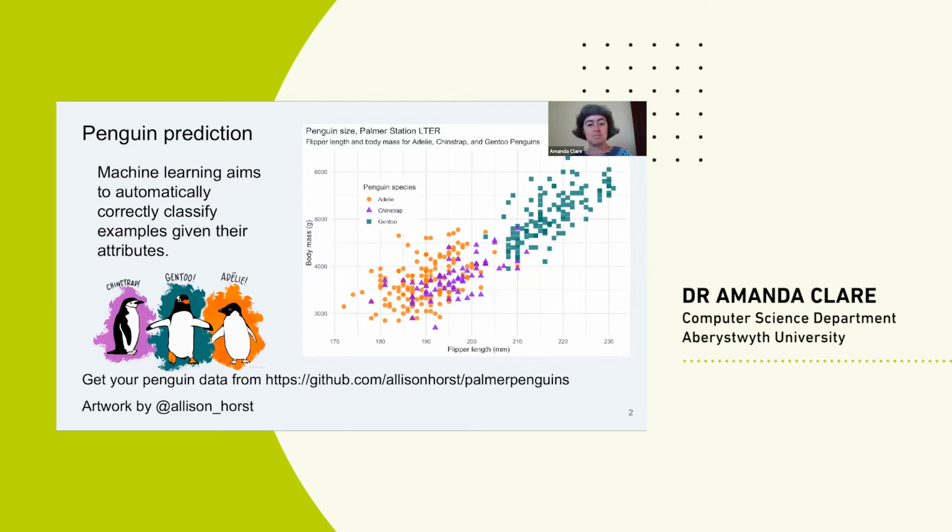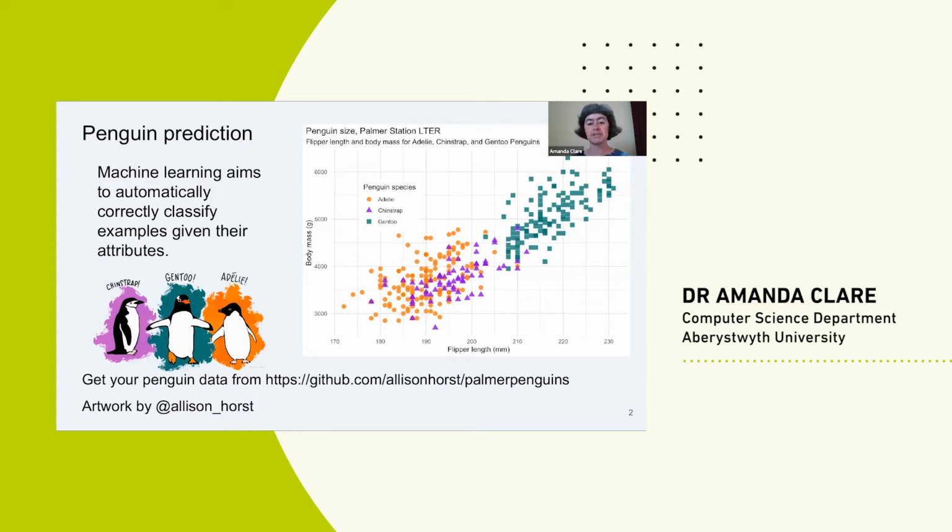In this particular data set, the attributes are things like flipper length and body mass, which are shown on this plot here, which makes it quite difficult to distinguish one penguin from another. But also there is, I think, bill depth and bill height. And this combination of attributes for each penguin is what we use in machine learning, where we aim to build a model that automatically gives labels to each example given their attributes.